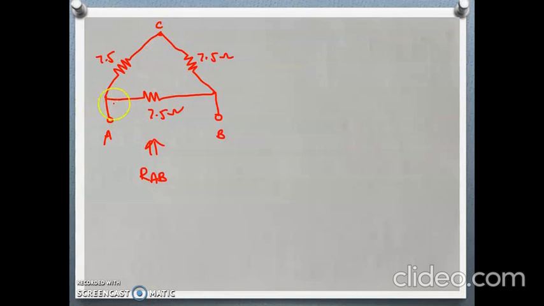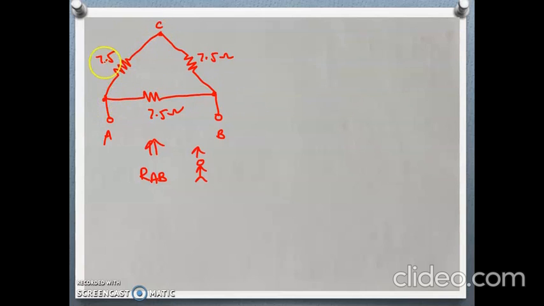Observe here, we want the resistance RAB between these two points. So these points cannot be changed. Standing here, we want the resistance between these two points.